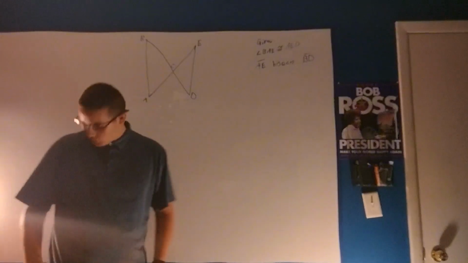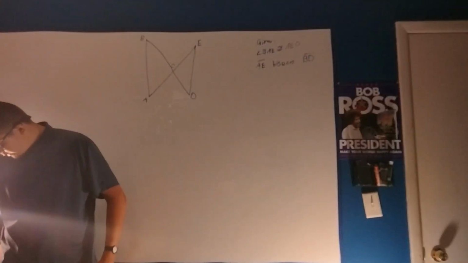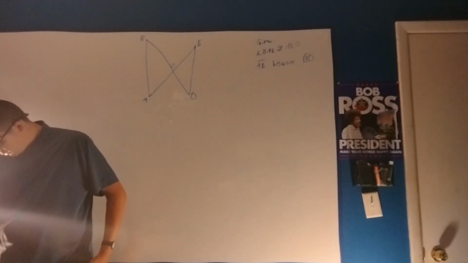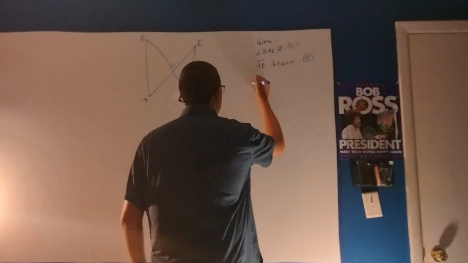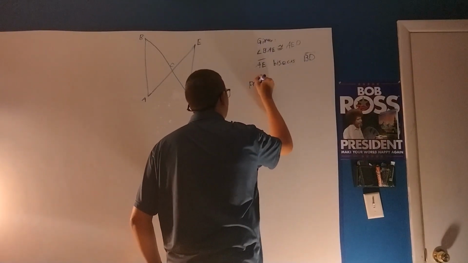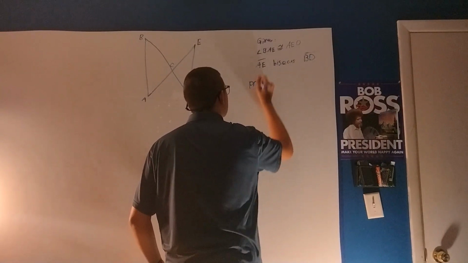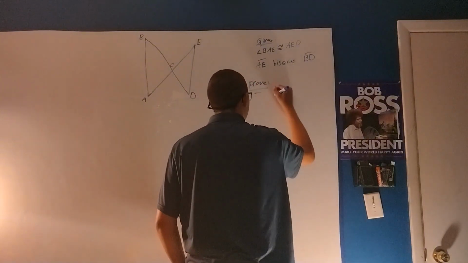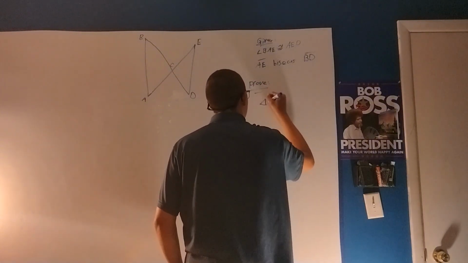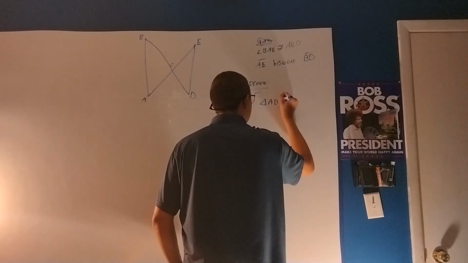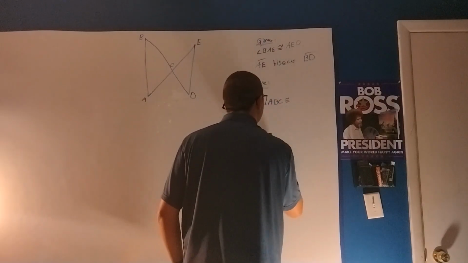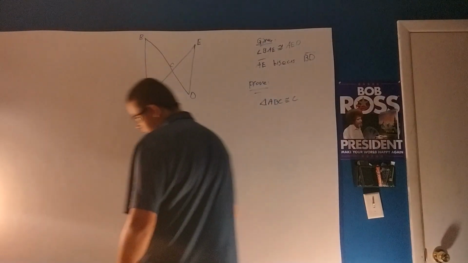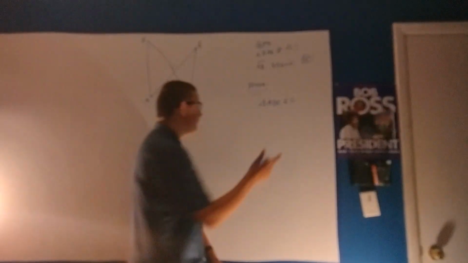So we are trying to prove that triangle ABC is congruent to CDE.